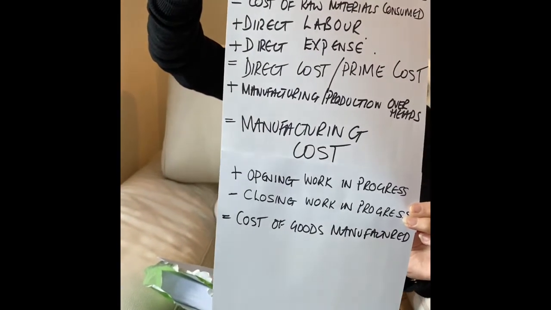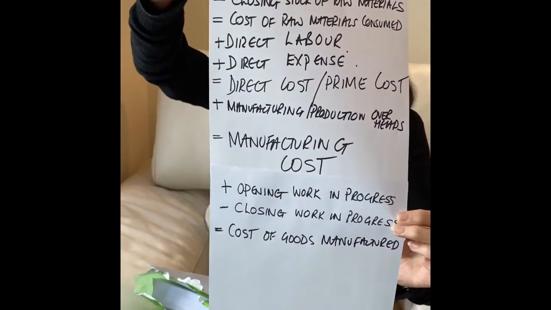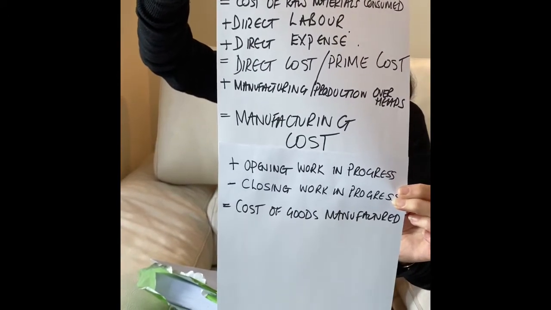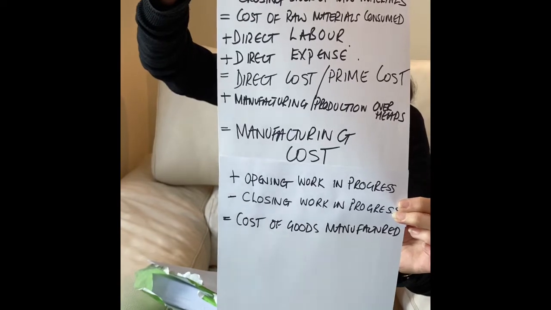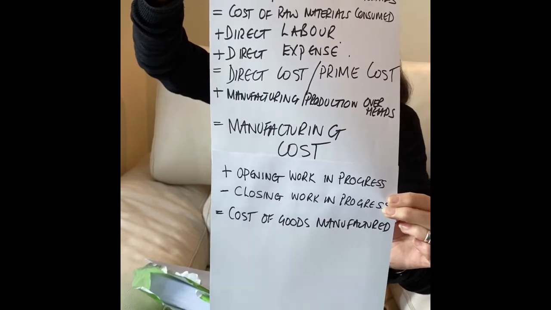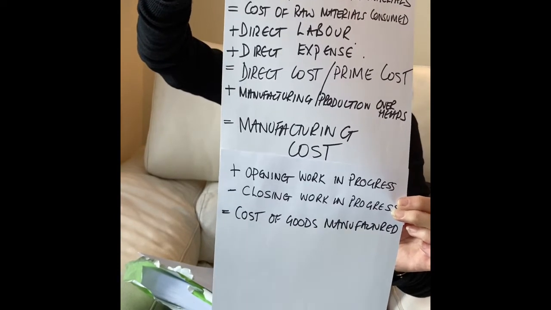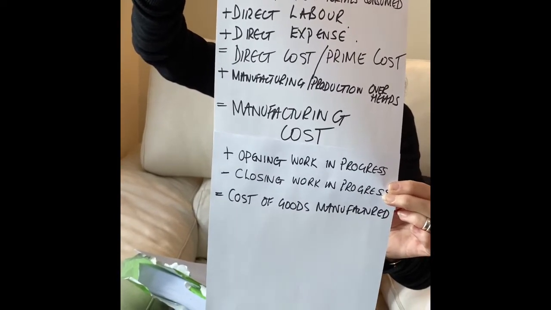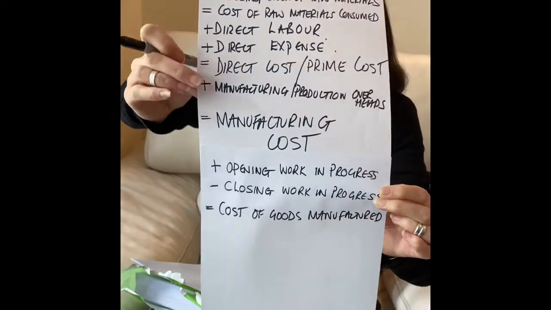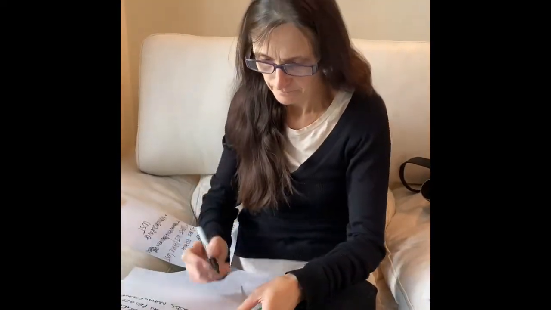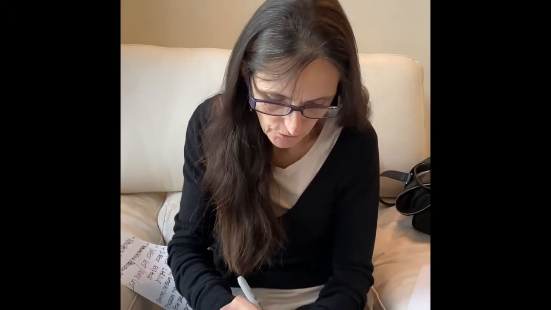The only other item that we have to deal with is the closing stocks. And we do exactly the same with the closing stocks of finished goods and opening stock of finished goods as we did with the work in progress stocks. So after the cost of goods manufactured, we will add in opening stock of finished goods.